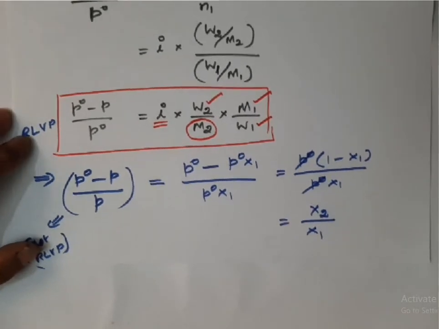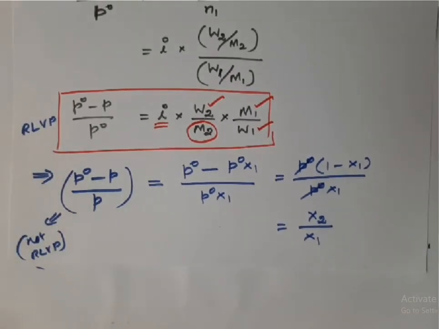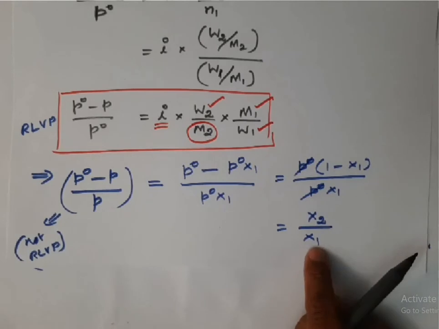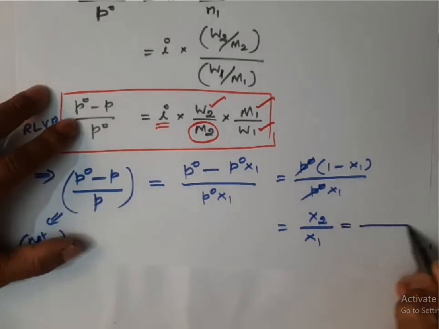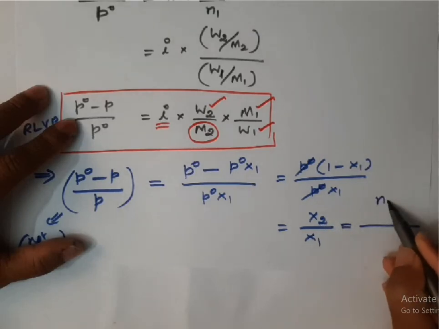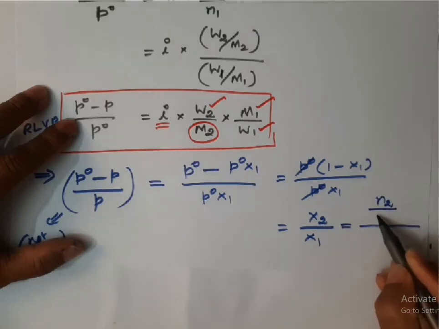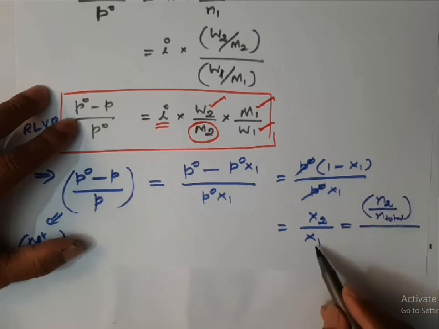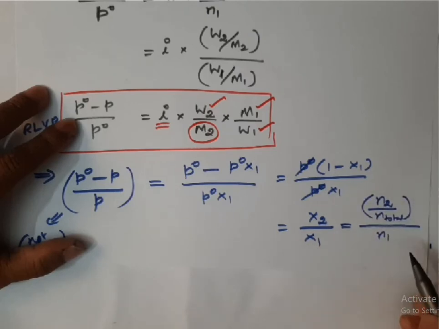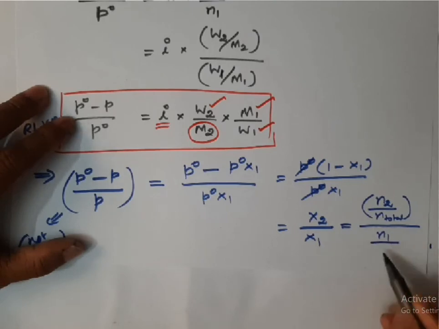What is x2, students? Mole fraction of solute, and x1 is mole fraction of solvent. And you can also write this as, what is mole fraction? Number of moles of solute by total number of moles. Similarly, mole fraction of solvent, you can write number of moles of solvent divided by total number of moles.